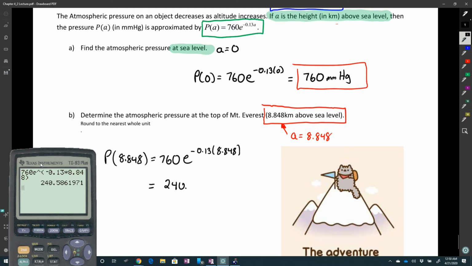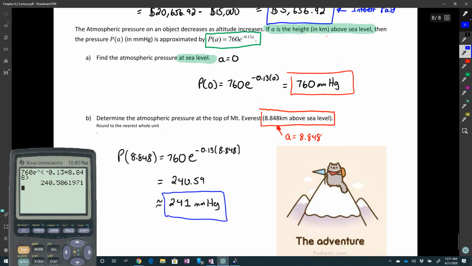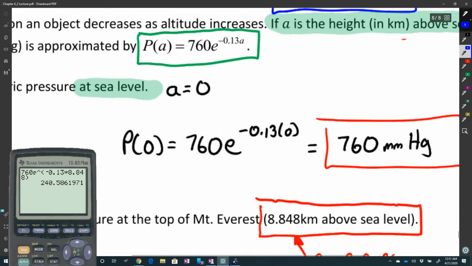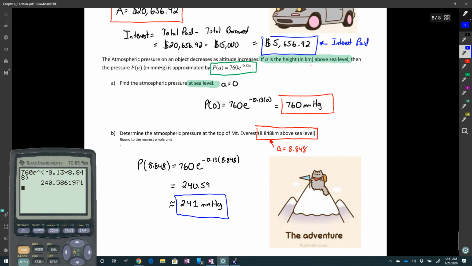So 240.559. So rounding to the nearest unit, that would be about 241 mmHg. So these word problems try to scare you with all the scienciness of it. But all it is is, here's an equation, plug in 0, plug in 8.848. That's all they want you to do.